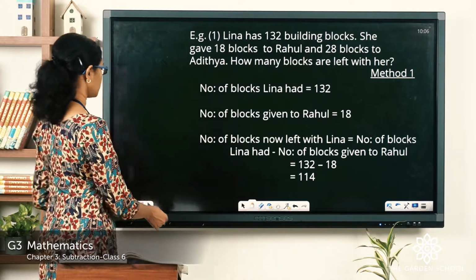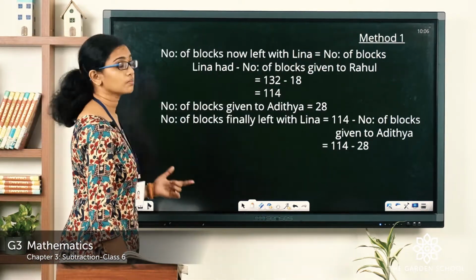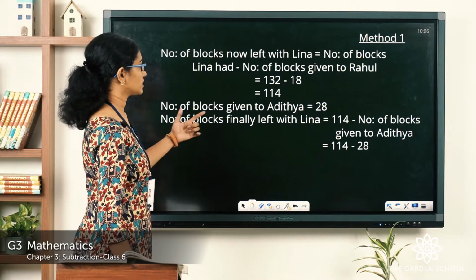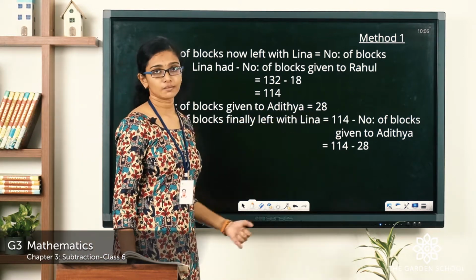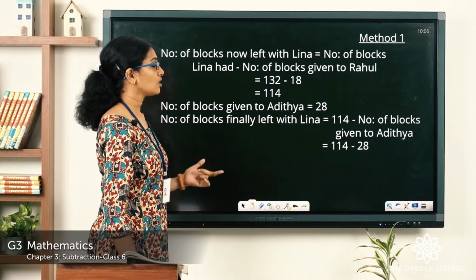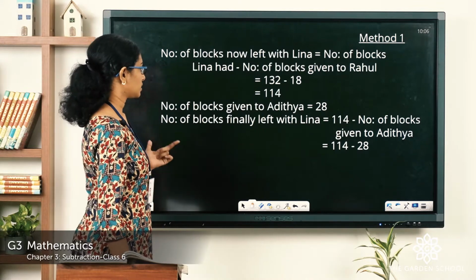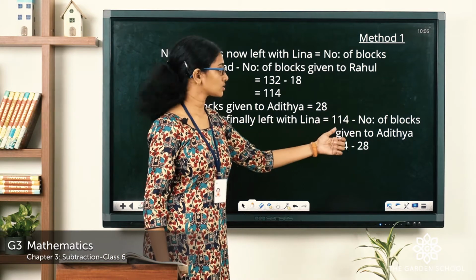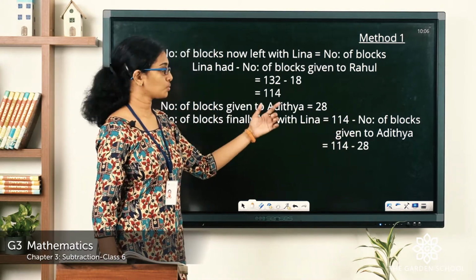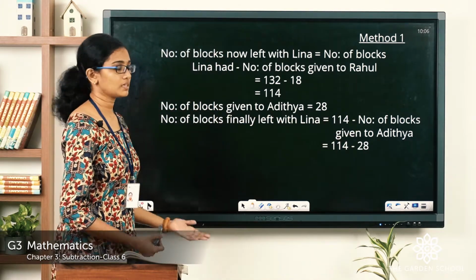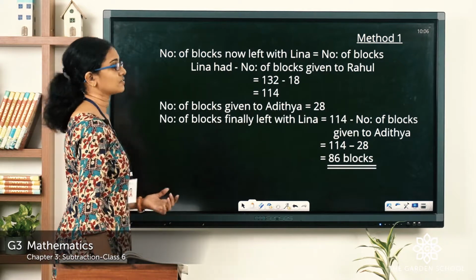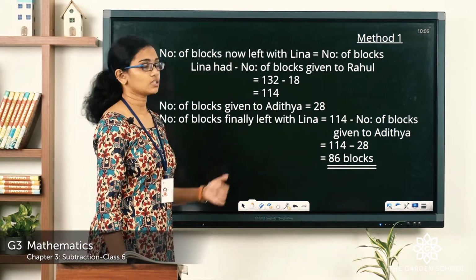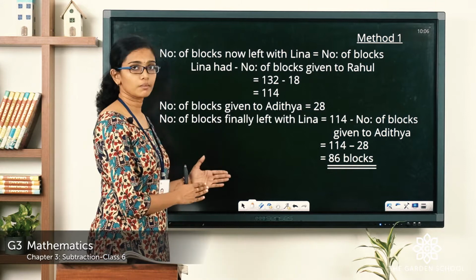So now from these 114 blocks, how many blocks did she give to Aditya? She gave 28 blocks to Aditya. So now how many blocks are left with her? It will be equal to 114 minus the number of blocks given to Aditya, which is 114 minus 28, and the final answer is 86 blocks. So this is one method.